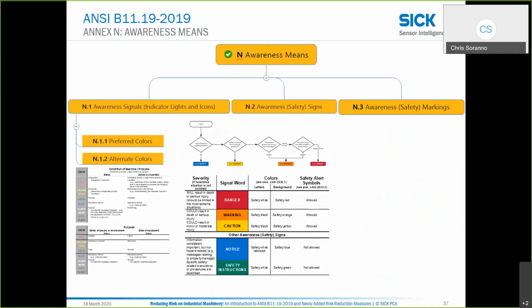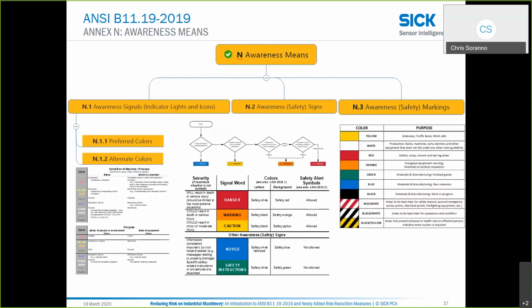Some guidance on awareness or safety signs, understanding that the selection of the type of sign is based on frequency of exposure as well as severity of the hazard, which really is just risk assessment, and the guidance on how to design and select those signs. And then guidance on color coding and application of awareness markings on floors with intent so that it can actually be standardized within a facility.